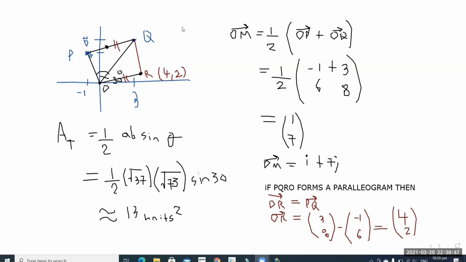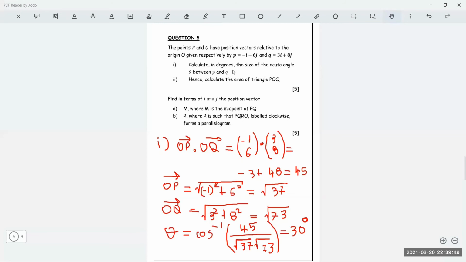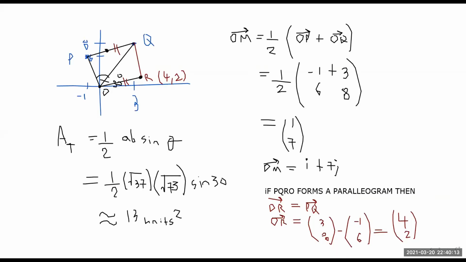So just to write down the solutions again. Calculate the angle in degrees: this is 30 degrees. Calculate the area: we got 13 units square. The midpoint OM, we had gotten that to be i plus 7j.